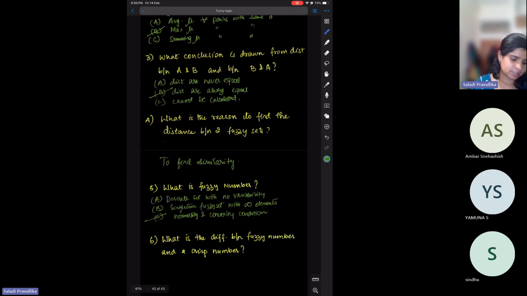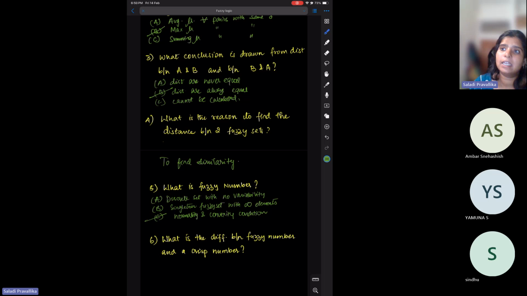Now only two more questions. What is the difference between a fuzzy number and a crisp number? It's too long to write, so I'll read as slowly as possible. Option A, crisp numbers have infinite membership values, while fuzzy numbers have only one membership value.